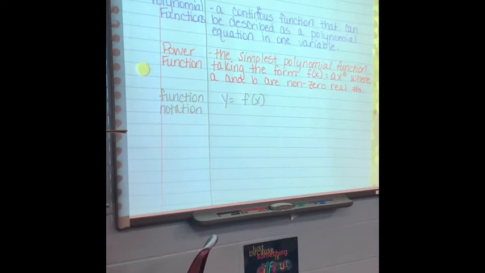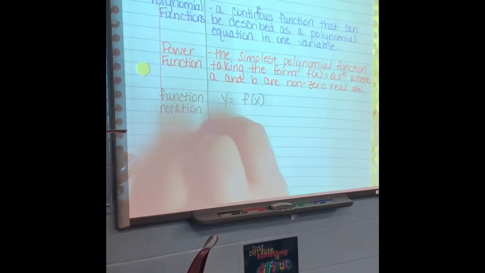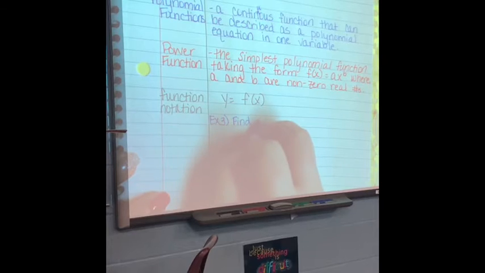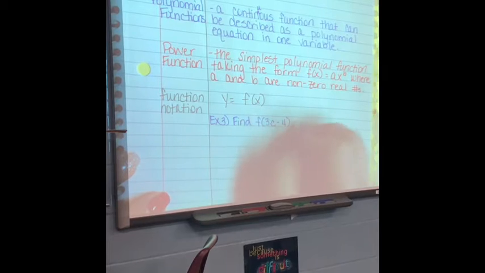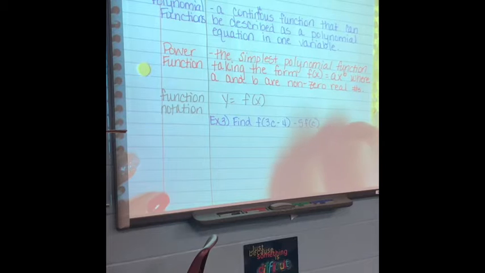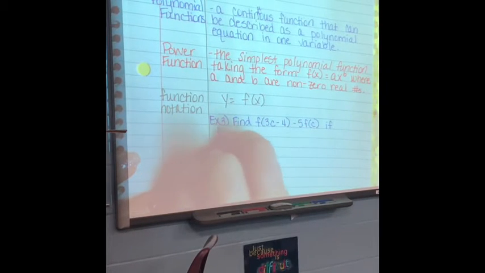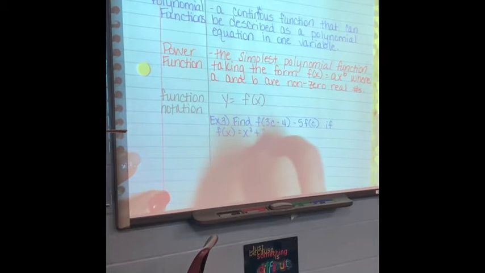We're going to use that function notation to start solving a few of these polynomial expressions or simplifying them. So we're going to find f of 3c minus 4 minus 5 times f of c, if f of x equals x squared plus 2x minus 3.